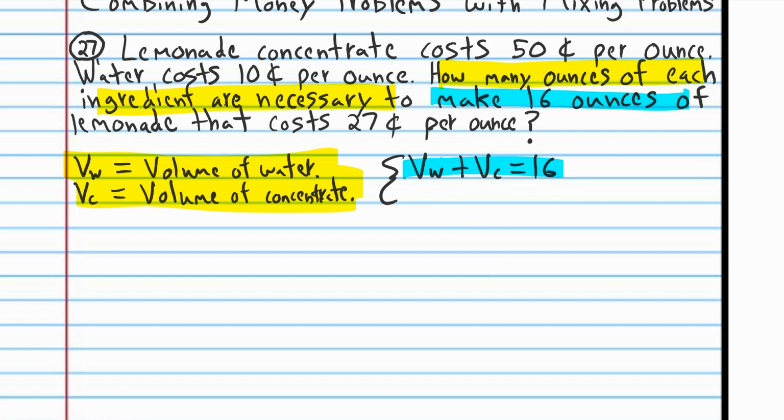So we're going to take the number of ounces of water, and multiply it by the price per ounce of water. So it's 10 cents for 1 ounce. The volume of the water times the price per ounce gives us the amount of money that we're going to pay for the water.